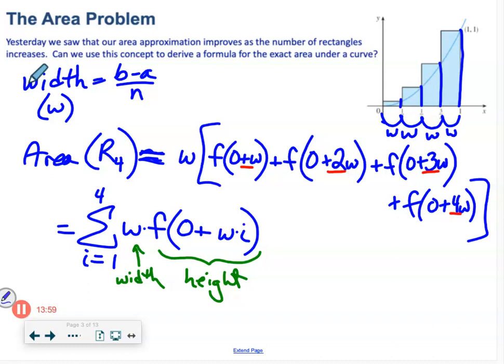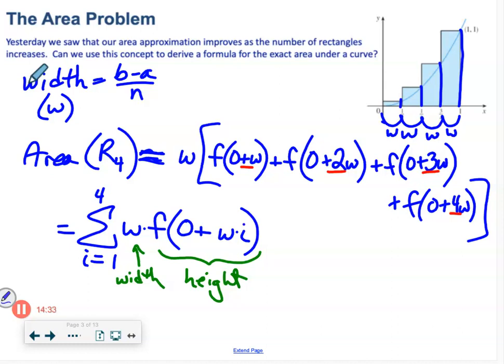If I is 2, I get the width times 0 plus 2 widths plugged into my function, so it's the height of the second rectangle. If my I is 3, I get the width times f of the left endpoint plus 3 widths. That's what I'm plugging in to my function to get the height of the third rectangle. If I is 4, I have the left endpoint plus 4 widths. I plug that into my function. I get the height of the fourth rectangle.